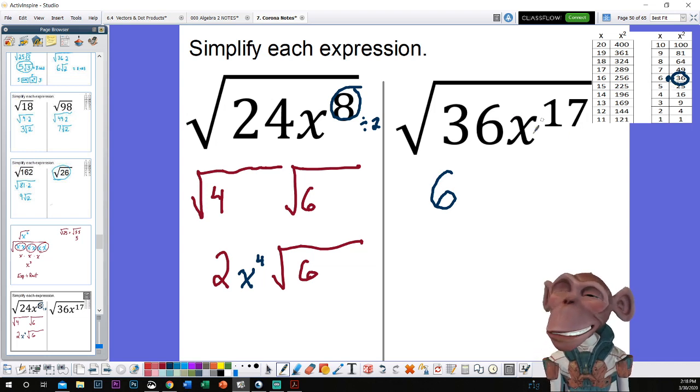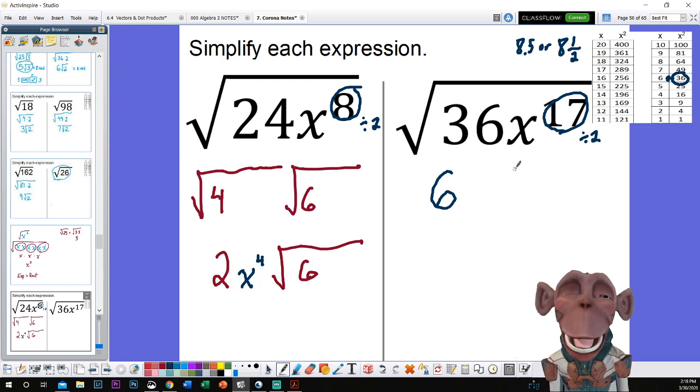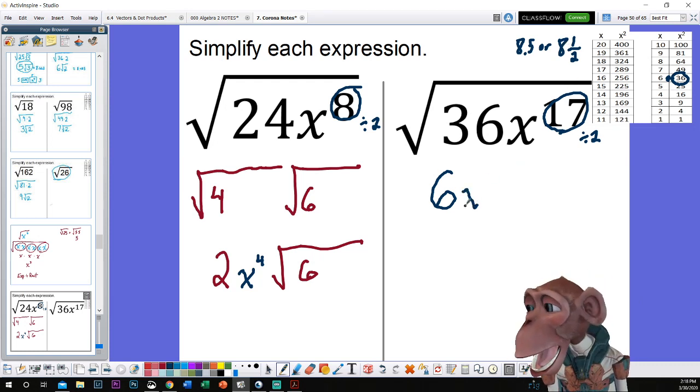Now I have x to the 17th. So, like before, I'm going to take my exponent. Since it's a square root, I'm going to divide by 2. Now this time, when I divide by 2, that's going to give me 8.5, or 8 1/2. Here's what this means for you. The 8 is the exponent that goes outside. So this is the one outside of the square root, 8.